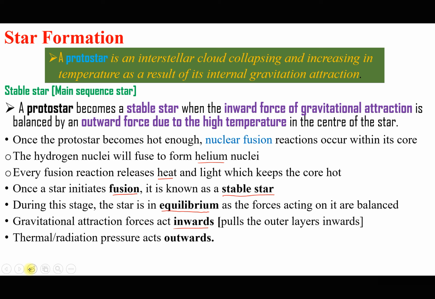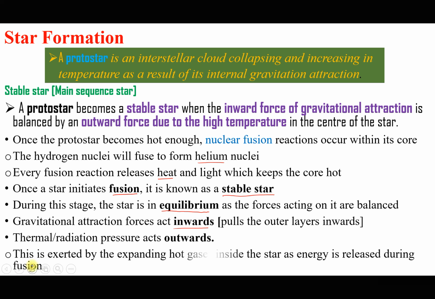And this nuclear fusion also releases a lot of heat at the core of the star, resulting in what we call the radiation pressure or the thermal pressure due to the high temperature at the core of the star, which acts outwards. This is exerted by the expanding hot gases inside the star as energy is released during nuclear fusion.